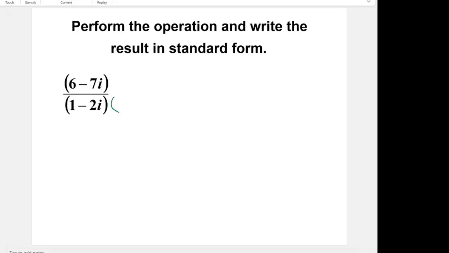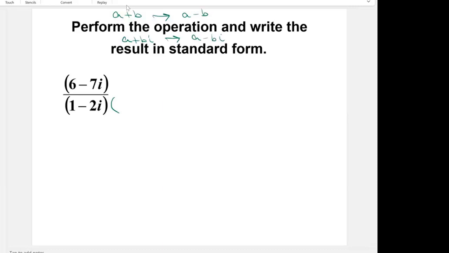What would be the conjugate for 1 minus 2i? All you're doing is changing the sign. So if you have a plus b, the conjugate is a minus b. If you have a plus bi, the conjugate is a minus bi.